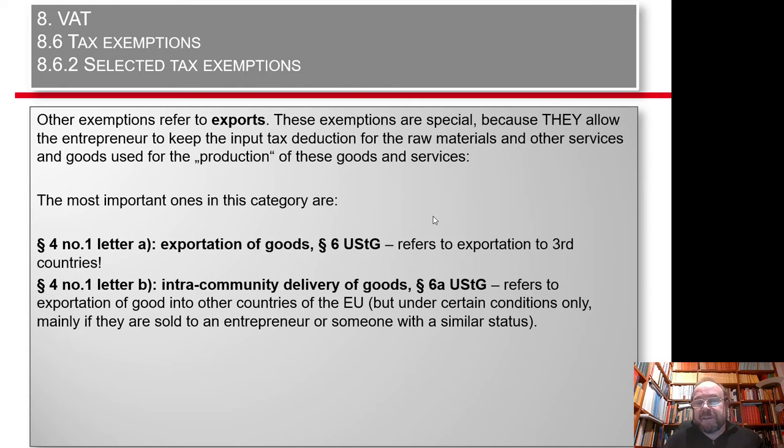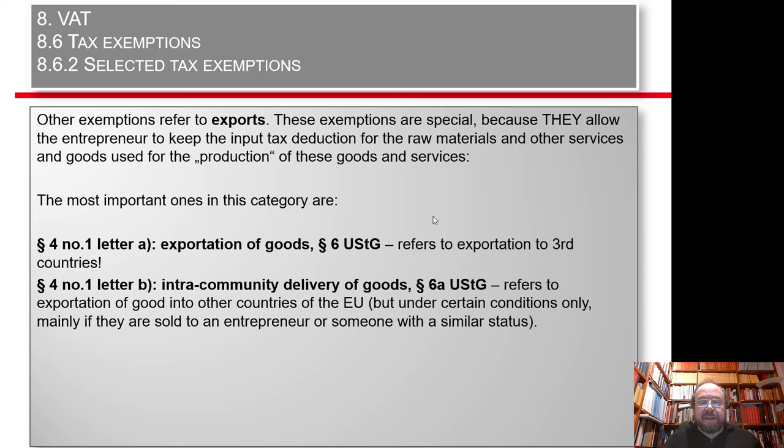It will be tax-free as an intra-community delivery of goods if on the other side of the border, the recipient, whoever it gets, your contract partner, will have to declare it as intra-community acquisition of goods. So that even if we have no border checks, the system here is you get only a tax exemption when it's secured that in the books of your customer, the goods will show up again.